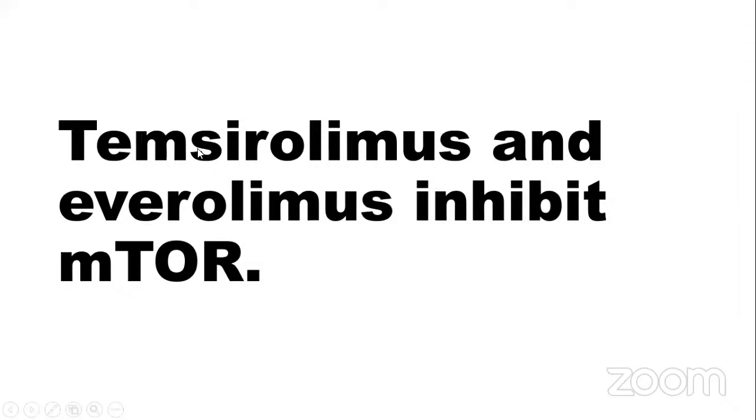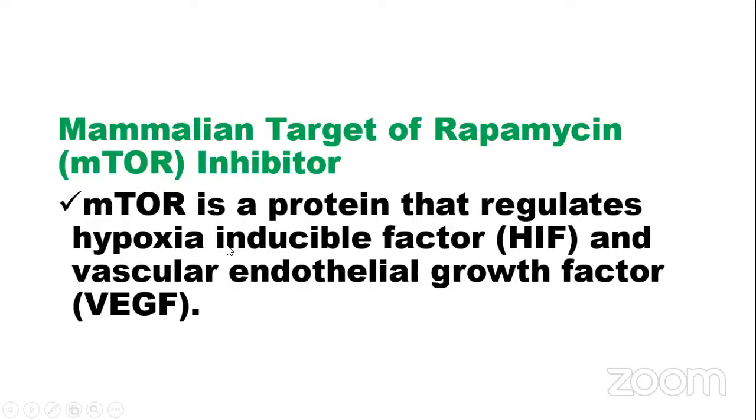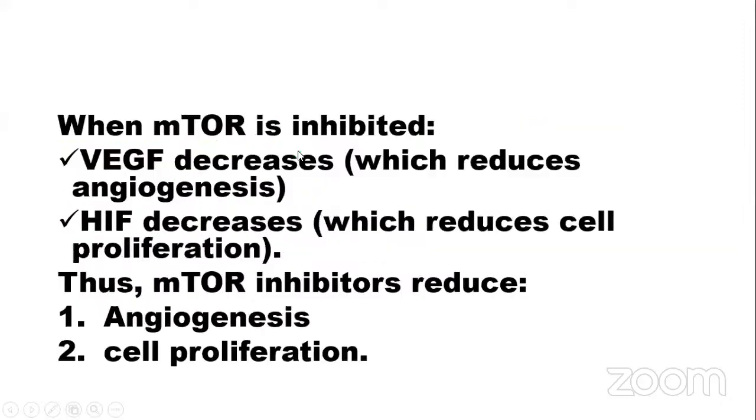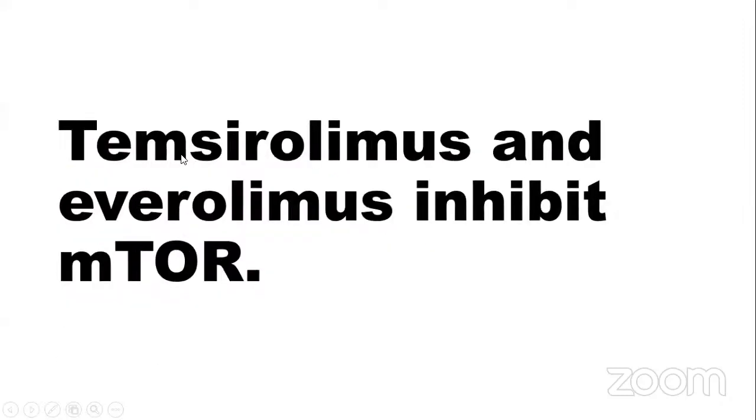Temsirolimus and everolimus inhibit mTOR. This is a good example of mTOR inhibitors, or mammalian target of rapamycin inhibitors: temsirolimus and everolimus.